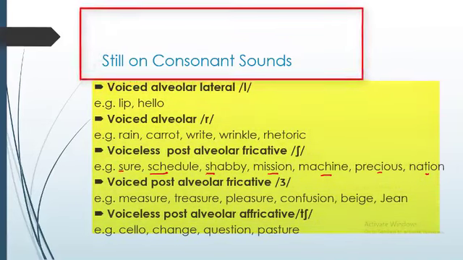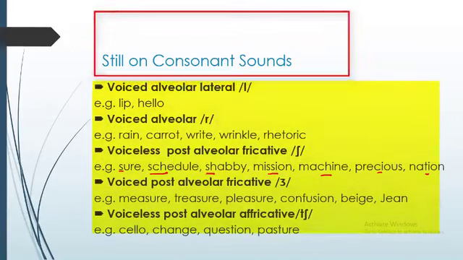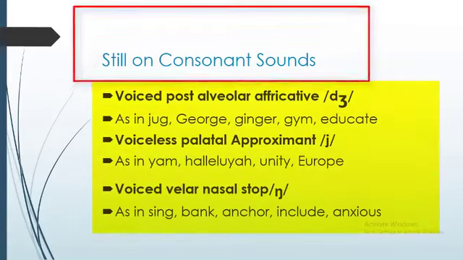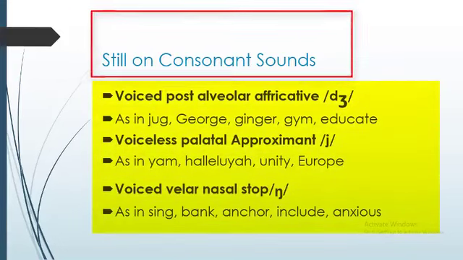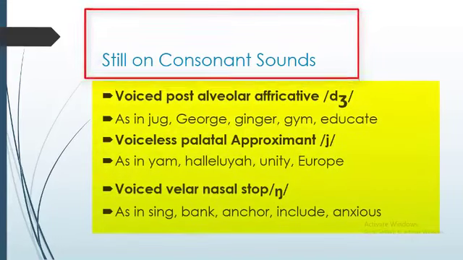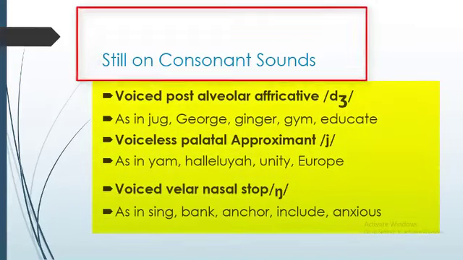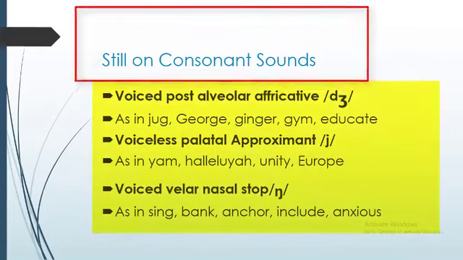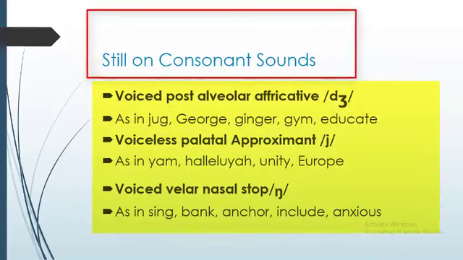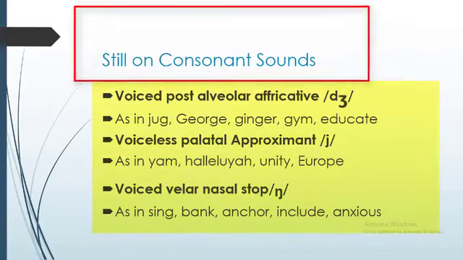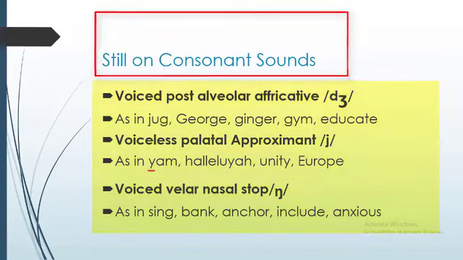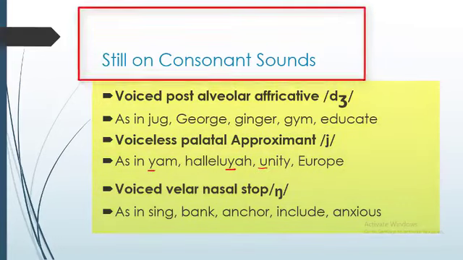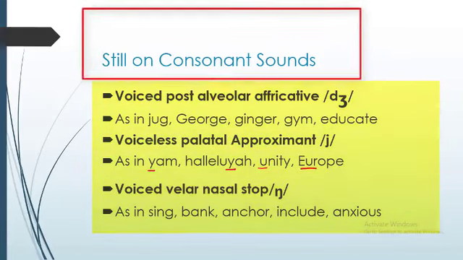Words like change, question, pasture, church. We have the voiced post-alveolar affricate j: jog, ginger, gym, educate. Then we have the palatal approximant consonant sound. We have it in JAMB, hallelujah, unit, unity, and Europe.